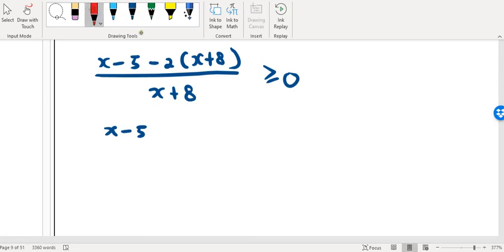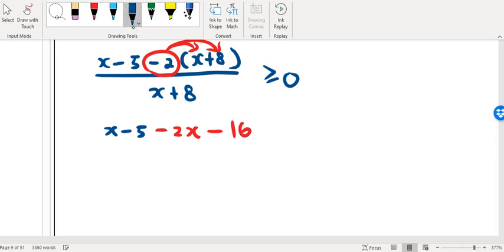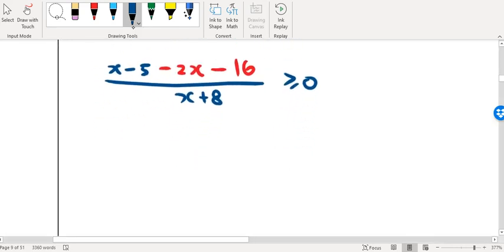Be careful, this is the whole thing here. So negative 2 times x, you have negative 2x. Negative 2 times 8, you have negative 16. Be careful, because this is the careless mistake students make.